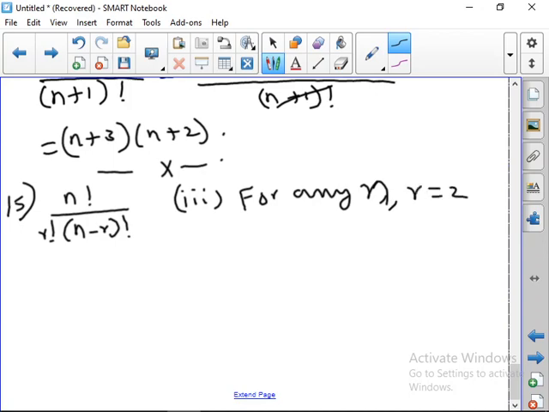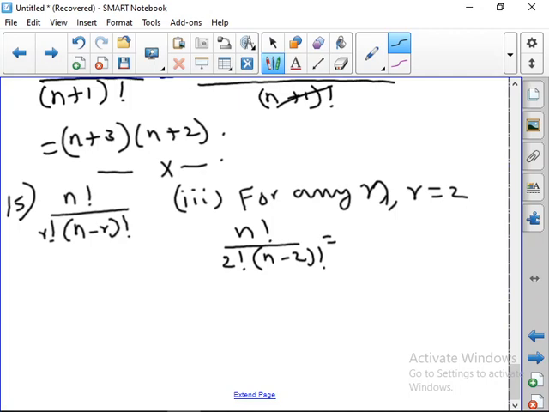What do you get? n factorial by 2 factorial into n minus 2 factorial. So 15th question, third subdivision.